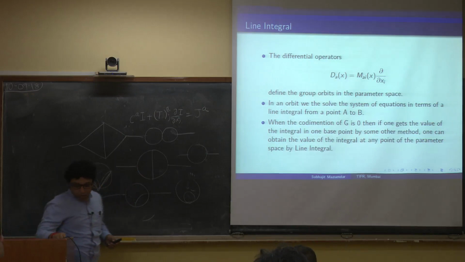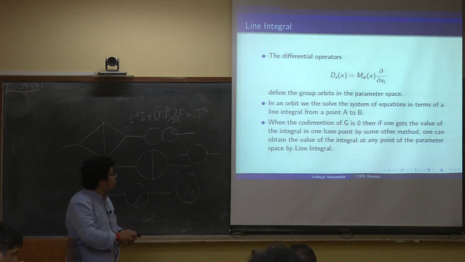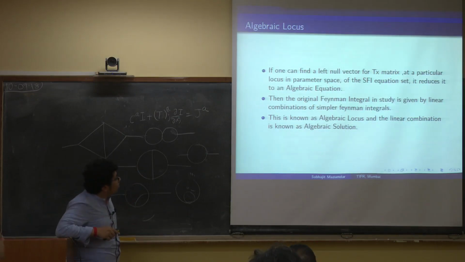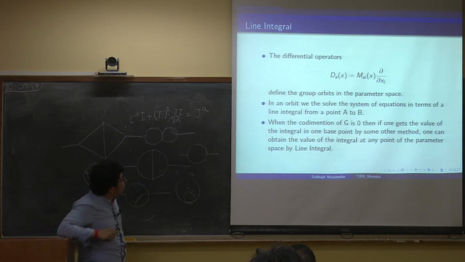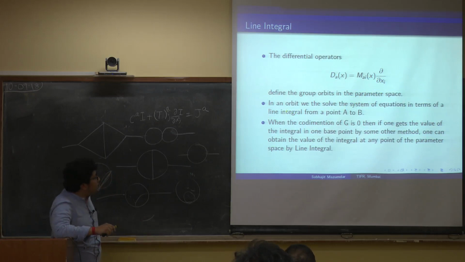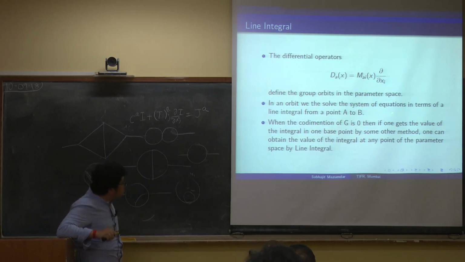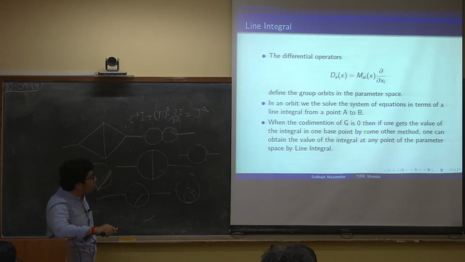So, as I told you, the differential operators are like this actually. In principle, as I said, you can express the solution of this integral as a line integral from point A to B, and this comment I will come to later.